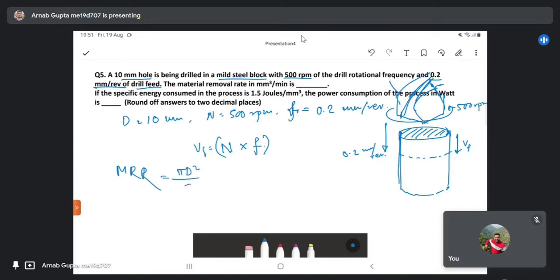Pi d square by 4, that is the area of cross section, into vf. vf is nothing but n into f. If you substitute the values, you will get, I think, 130.9 millimeter cube per minute.